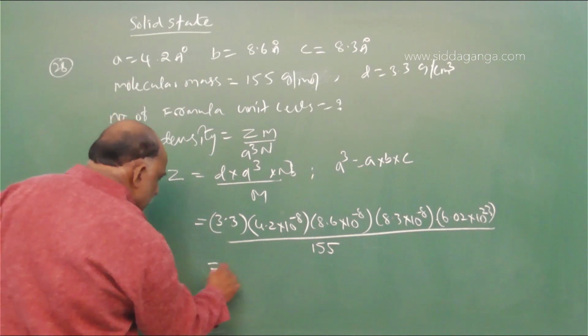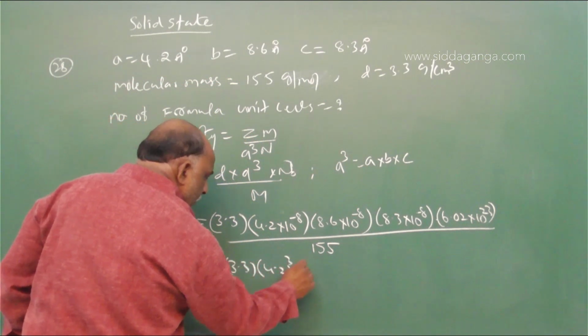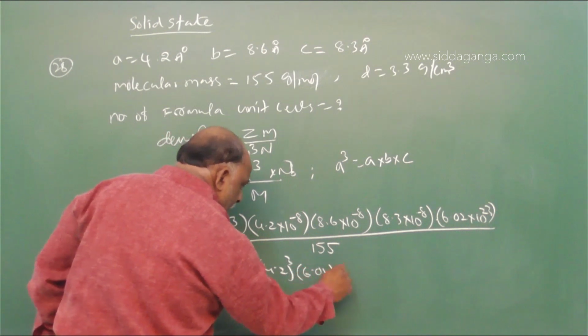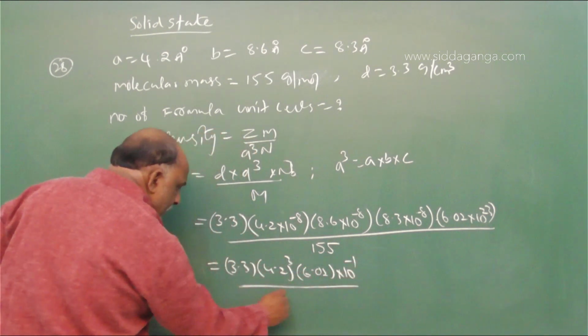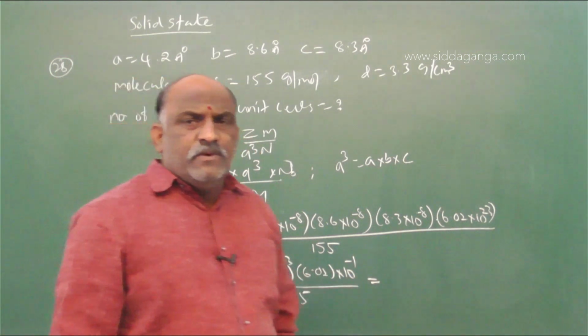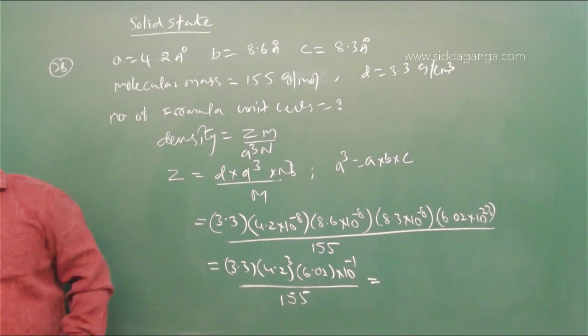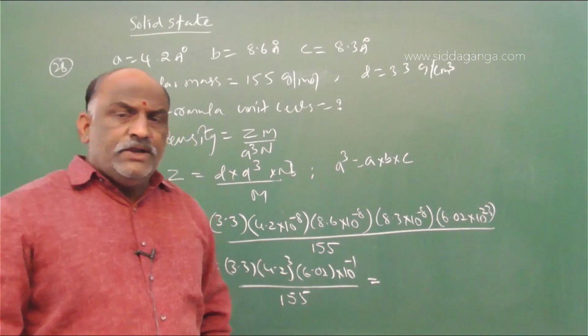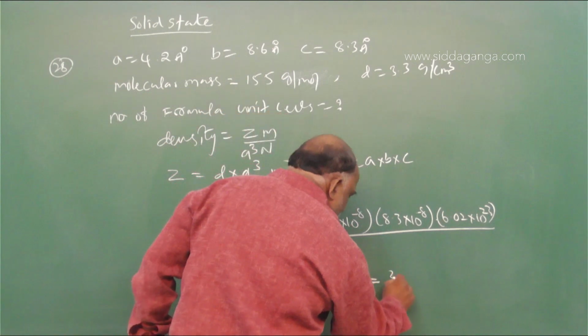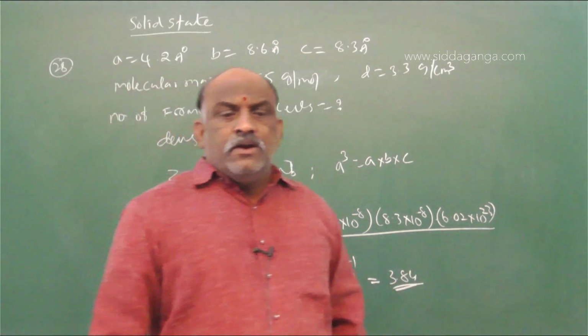So 3.3 into 4.2 whole cube into 6.02 into 10 power minus 1 divided by 155. On simplification, the entire value will be nearly 3.84, approximately 3.84.